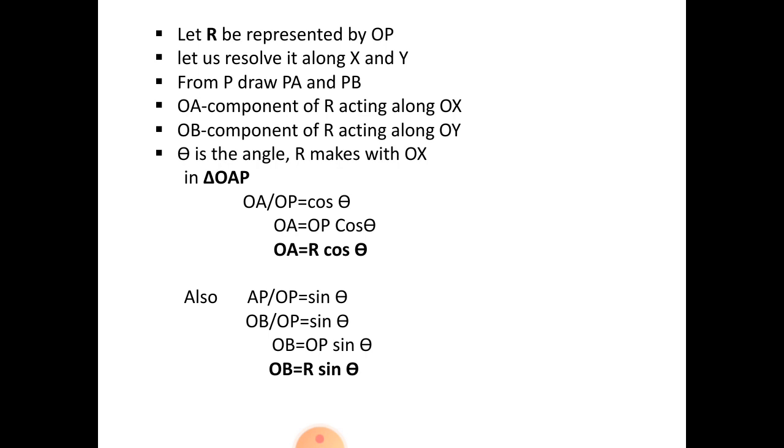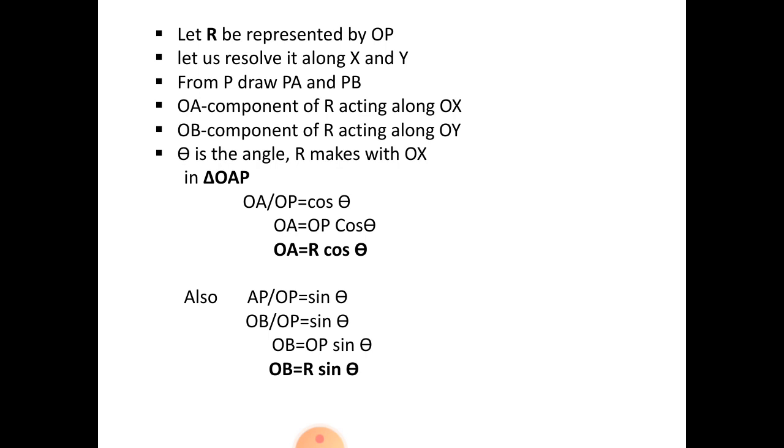Let us resolve it along x and y axis. From P draw PA and PB. Here OA is the component of R acting along OX. OB is the component of R acting along OY. Theta is the angle R makes with OX.